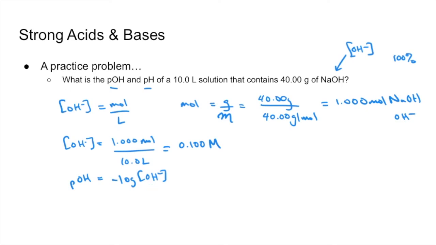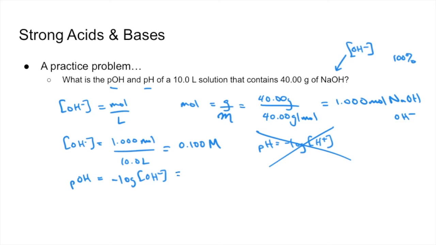We can't start here. We can't go to this one. Hopefully I'm making this clear to you. Because of this, the hydrogen concentration, that's not what we calculated. We calculated the hydroxide concentration. So we can't start with that one. We got to start with this one.